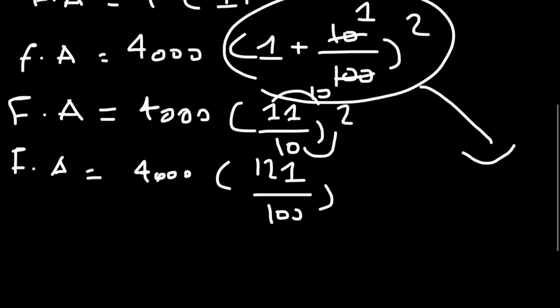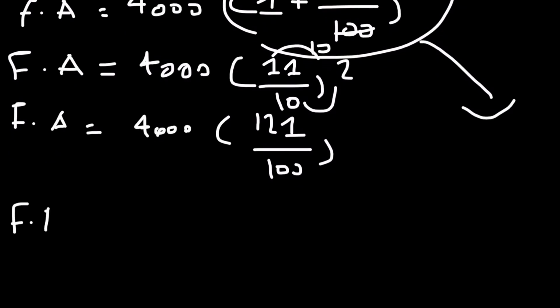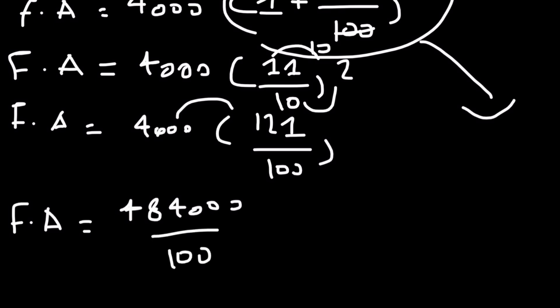So right now we are coming to an end and finishing this problem. 4,000 times 121. I should use my calculator for this one to not make the video longer. 4,000 multiplied by 121 will be 484,000 divided by 100, okay?